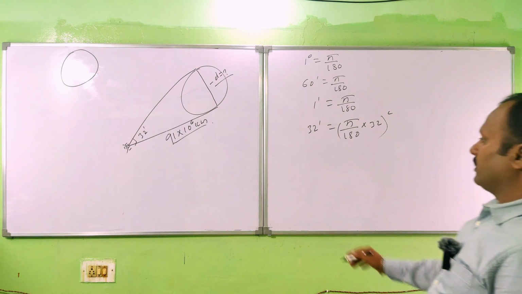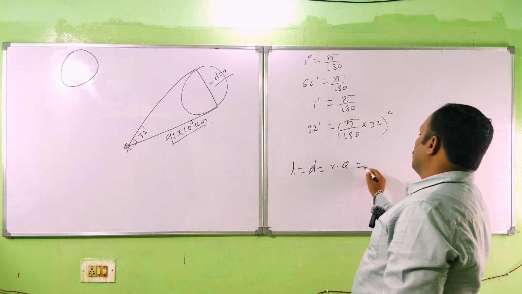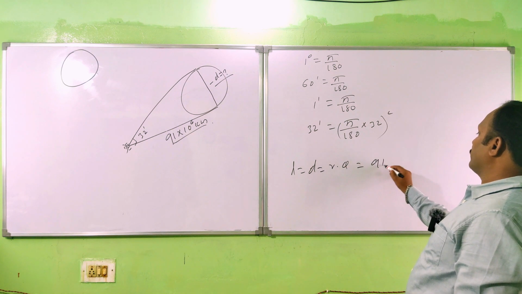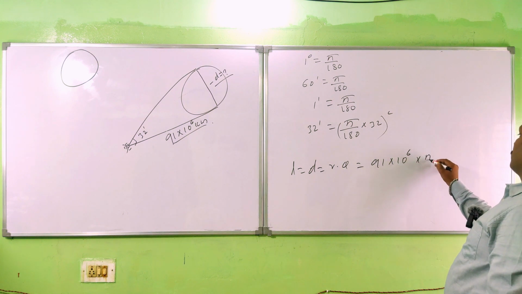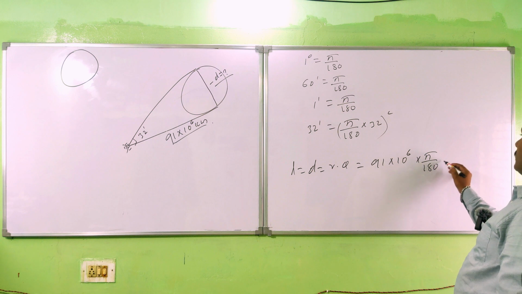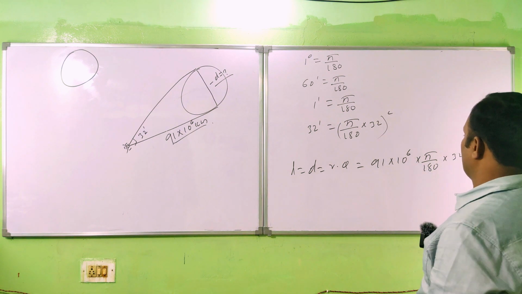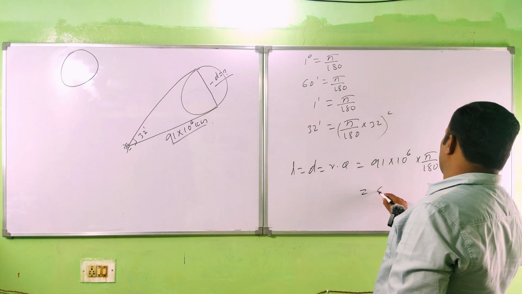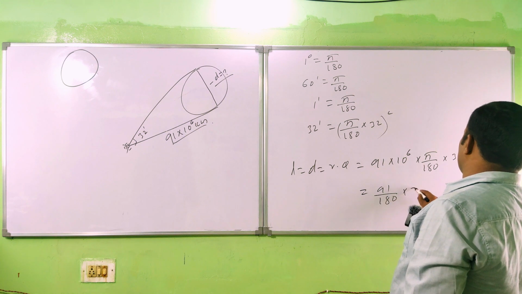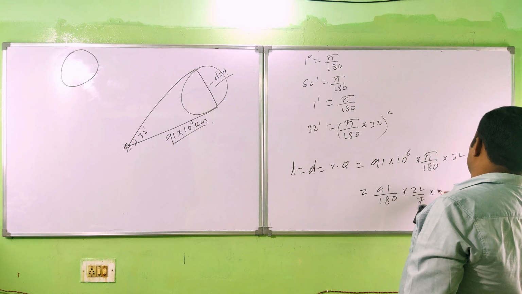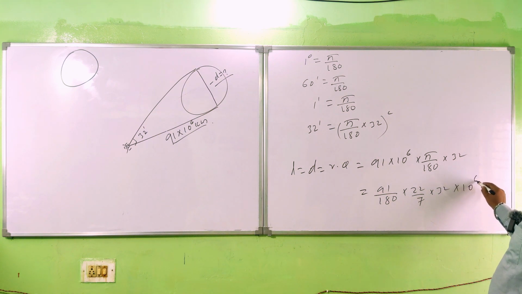So what is our diameter formula? The arc length D is equal to R into theta. Substituting, we get 91 into 10 to the power 6 into pi by 180 into 32. Simplifying gives 91 by 180 into 22 by 7 into 32 into 10 to the power 6.